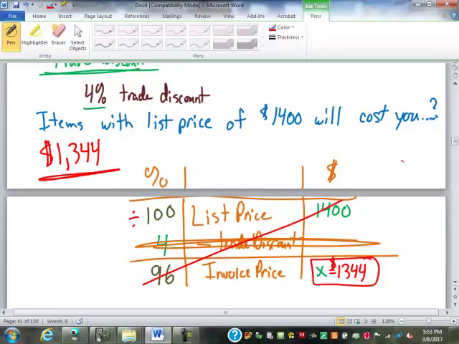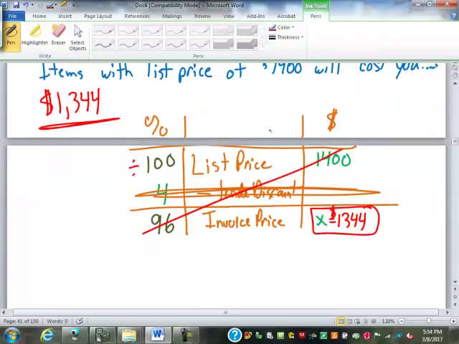Now in business, this trade discount occurs often enough that we come up with shortcuts. We had mentioned something when we talked about percents originally, called the rate method of percents. That rate method was turning the percent into a decimal and multiplying. And we had mentioned that it only works well when we're going from the whole amount to the piece that is represented by the percent. Well, here we have a 4% trade discount.